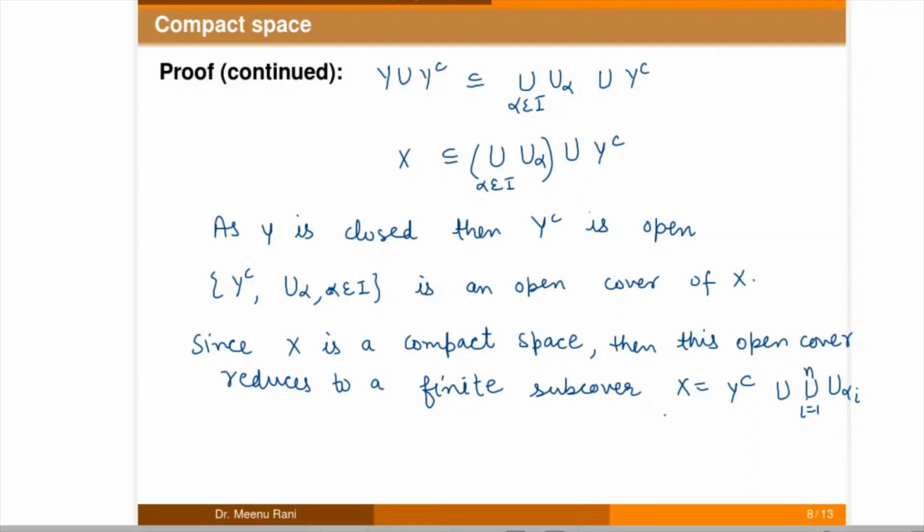Now if we take intersection with Y, X intersection Y is equal to Y complement intersection Y union the finite union of U alpha i's intersection Y. As Y is a subspace of X, X intersection Y becomes Y only. Now it is Y complement intersection Y, union the finite union of U alpha i's intersection Y.